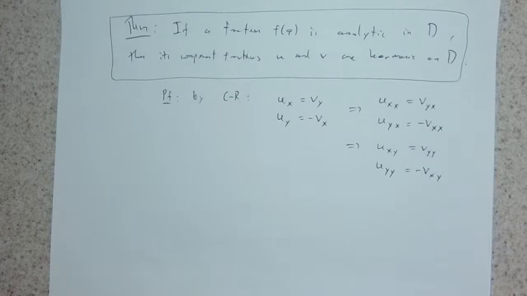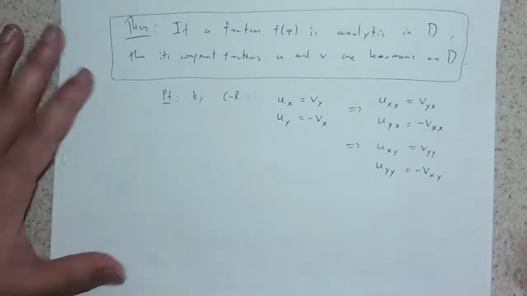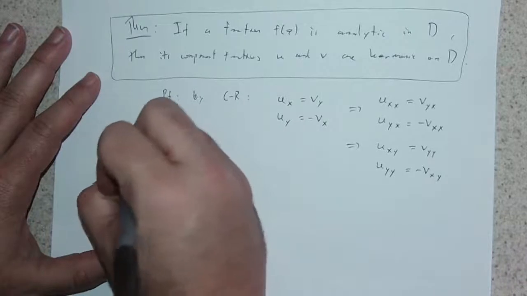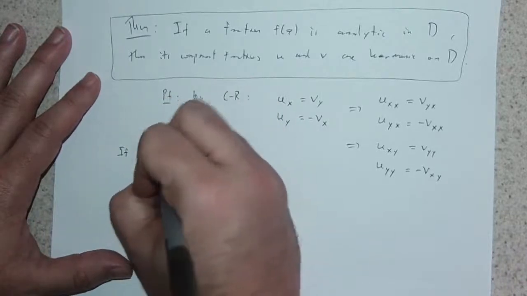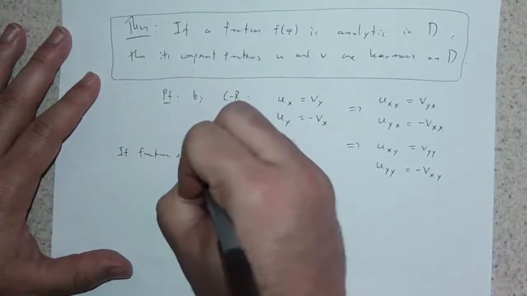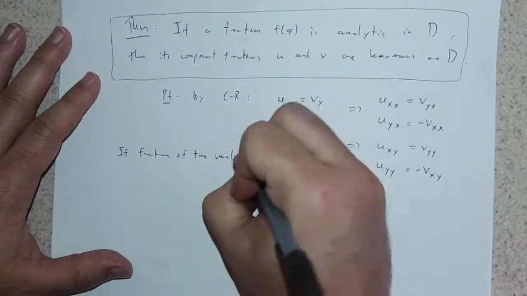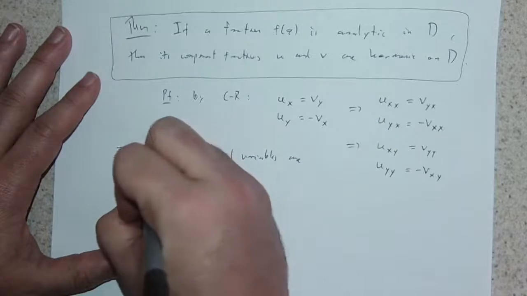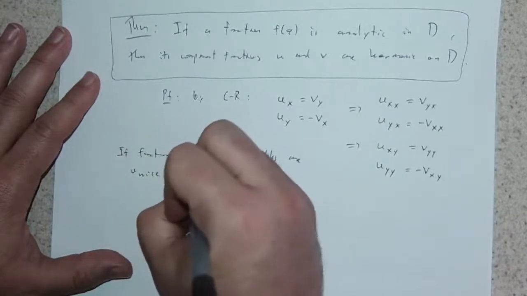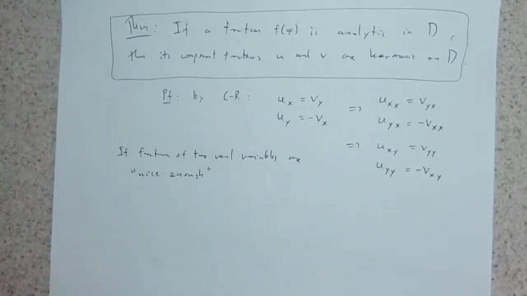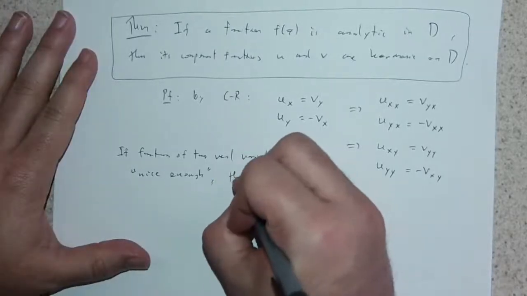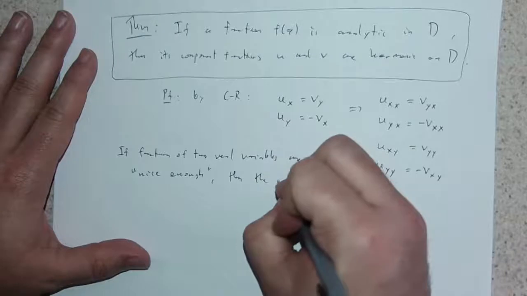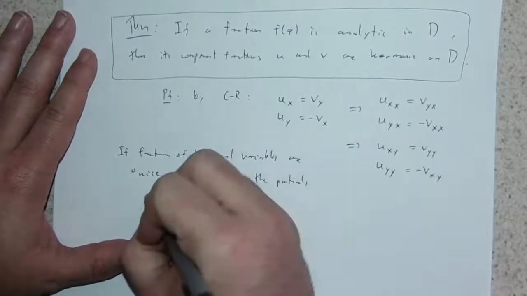Now, if functions of two real variables are nice enough, I won't state the exact thing required here, then the partials commute.